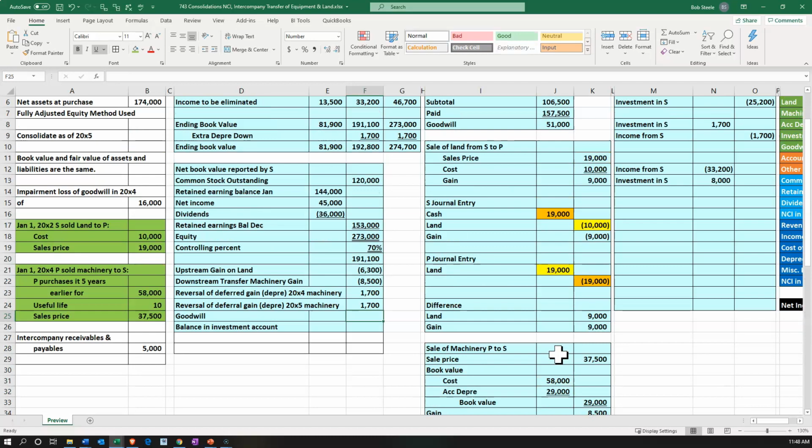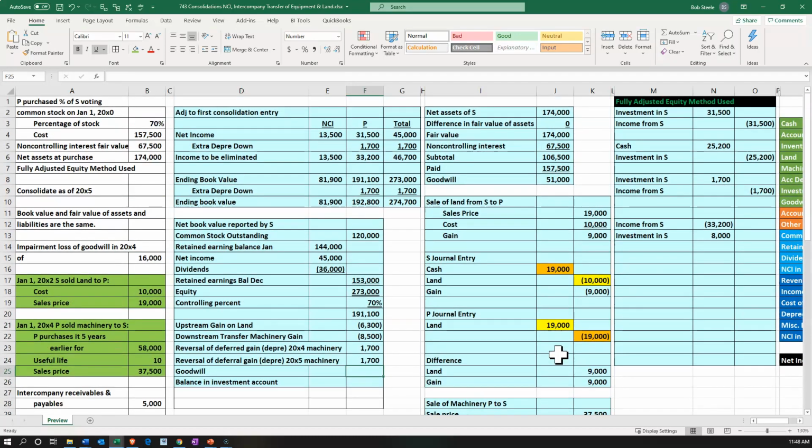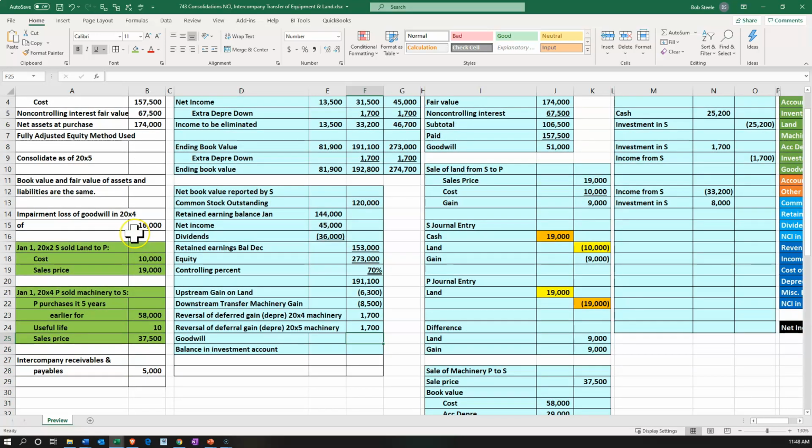And then there was Goodwill. Goodwill was on the books at the initial purchase of the 51,000, but then it was impaired. The Goodwill was impaired by the 16,000, so that was an impairment loss. So the difference between the two is basically what the Goodwill is on the books for now.